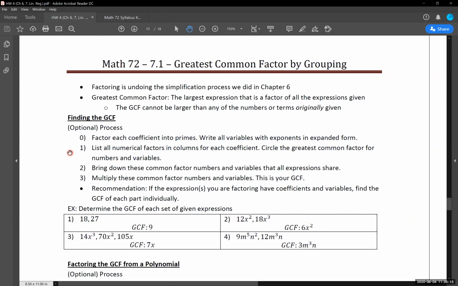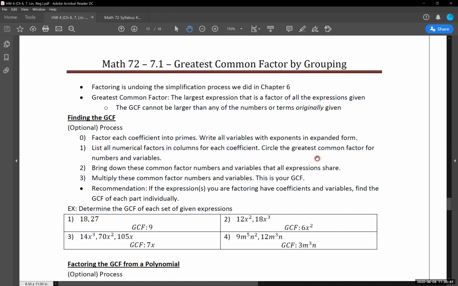So our actual first step in this process that you could use: list all numerical factors in columns for each coefficient. That means, what are all the factors of the first number? What are all the factors of the second number? Then circle the greatest common factor for the numbers and the variables. Essentially, what is the largest number that equally multiplies into all of the numbers I have been given?